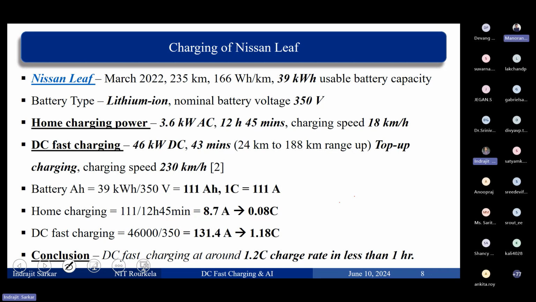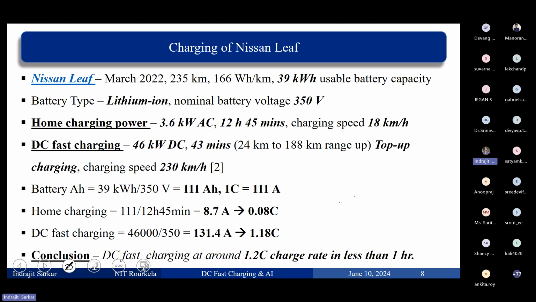So here you see 46 kilowatt. You see the difference. It is more than 10 times the power. When it is DC fast charging, power is more than 10 times. And since it is going to take from the three phase grid, we can increase this power.